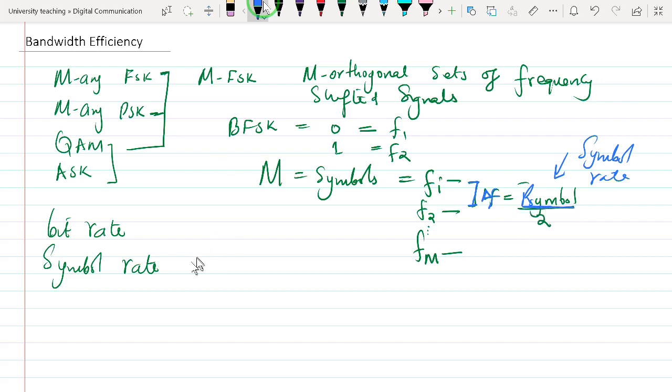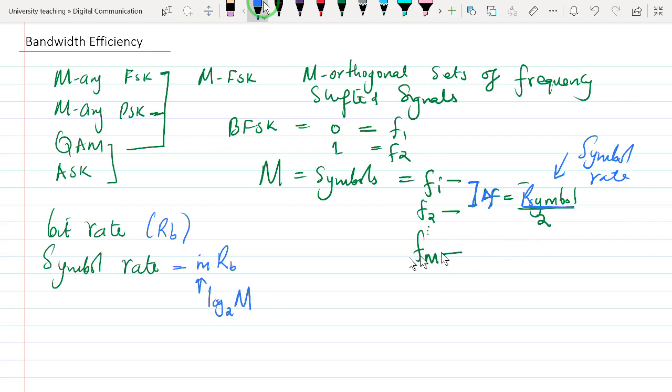Remember that we can always find the symbol rate in terms of bit rate, where we say that the symbol rate is equal to RB divided by m, where RB is our bit rate and the small m is given by the logarithm of M to base 2.